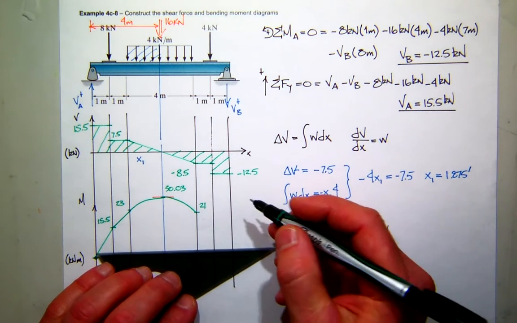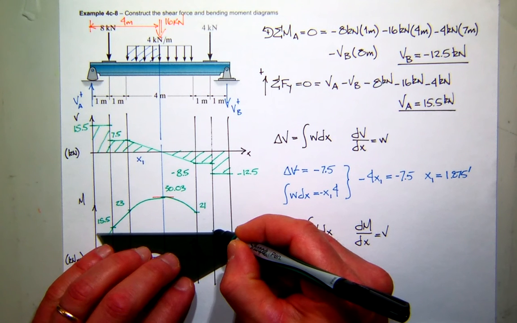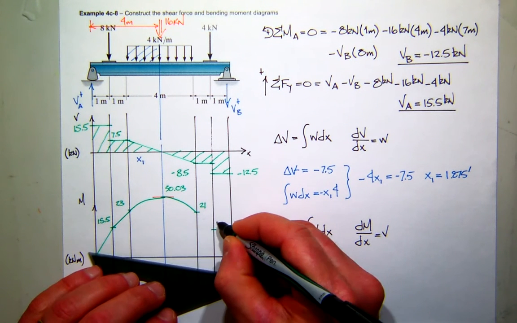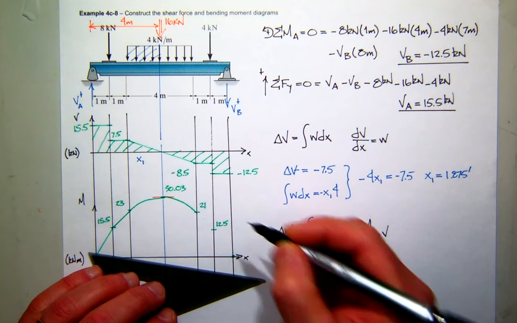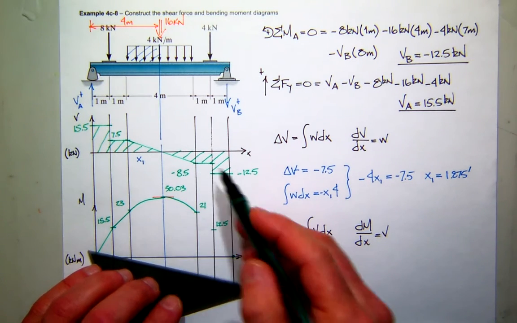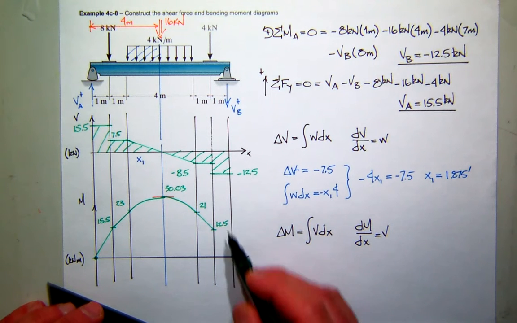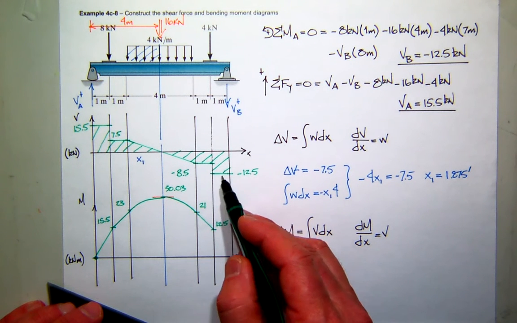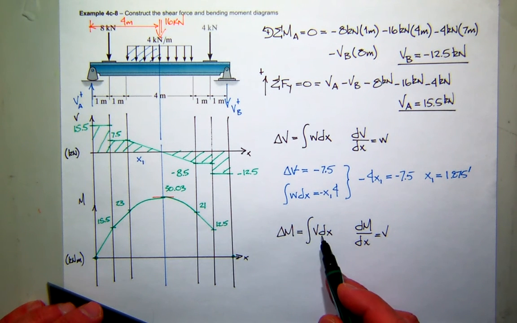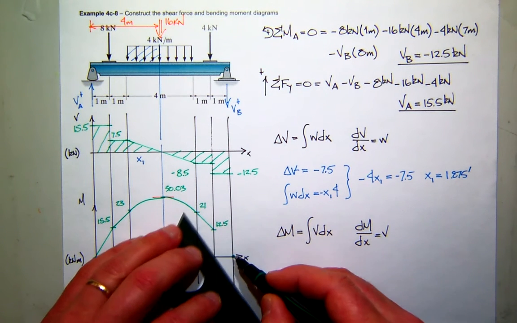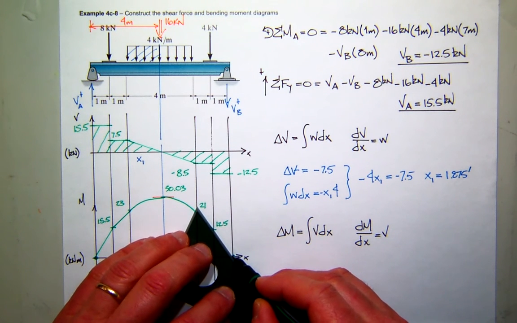Hopefully it's 12.5. Is it? And that has a constant slope. In the final segment, the change in moment, the area of the shear diagram, is negative 12.5, that brings us to 0. And again, it also has a constant slope.